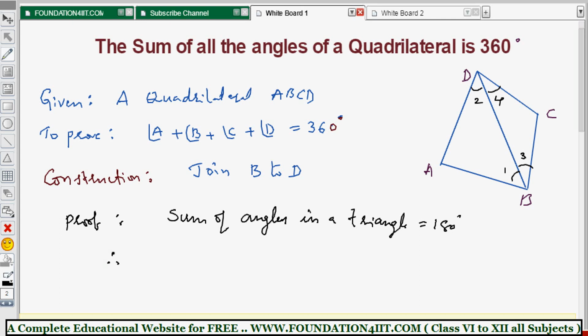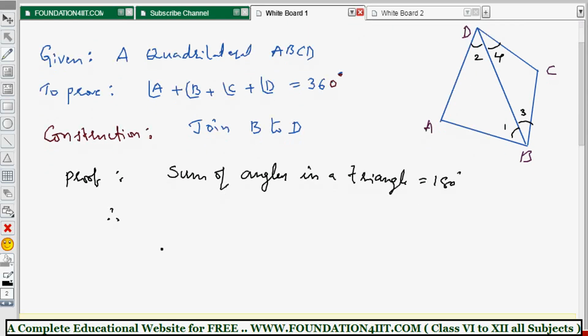Therefore, first from triangle ABD: angle A plus angle 1 plus angle 2 is equal to 180 degrees, right?